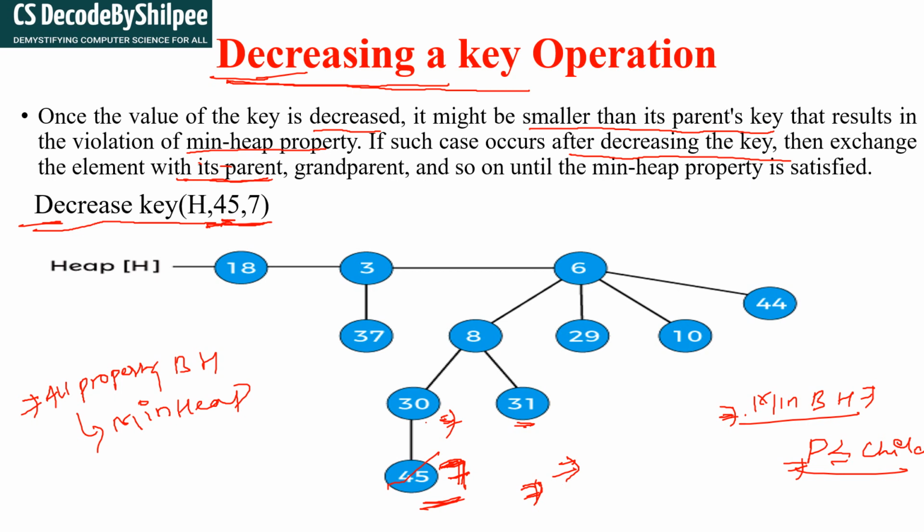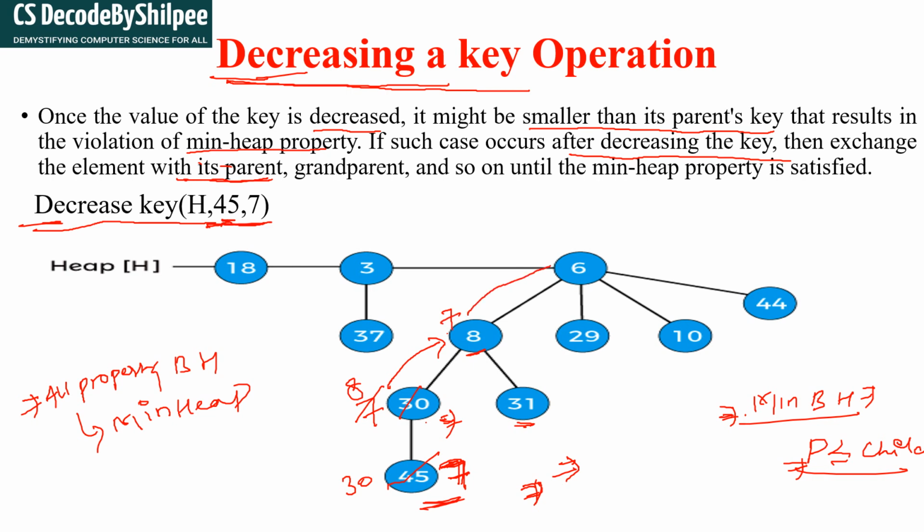No, the condition fails, so we perform swapping. 30 will come down and 7 will go up. Same procedure again: the parent of 7 is now 8. Is 8 less than or equal to 7? Again the condition fails, so we perform swapping. 8 will come down and 7 will go up.